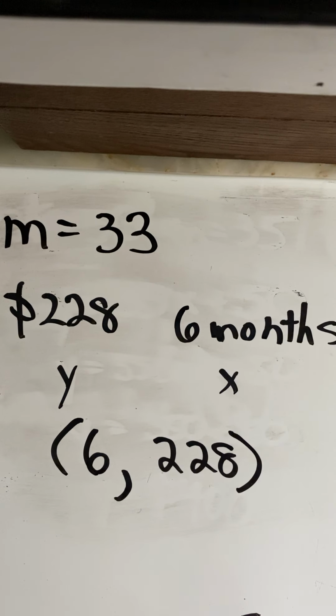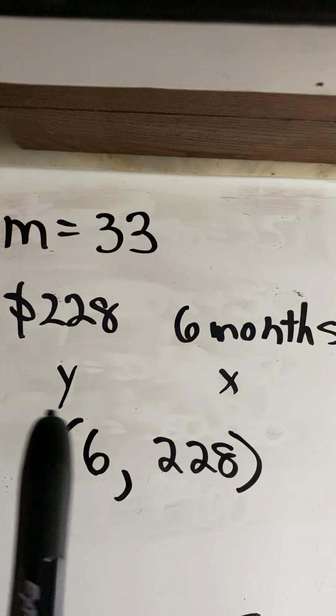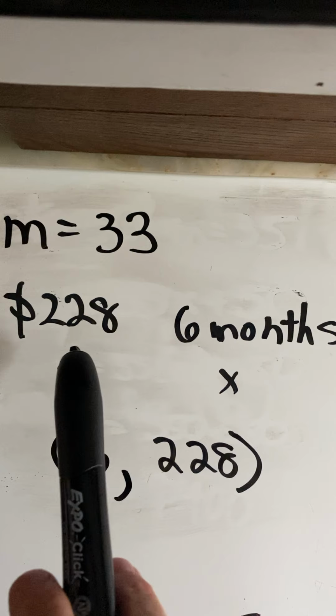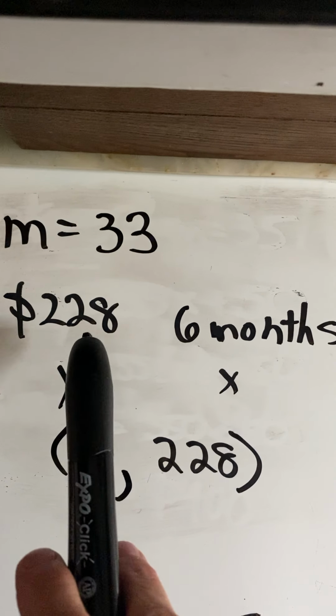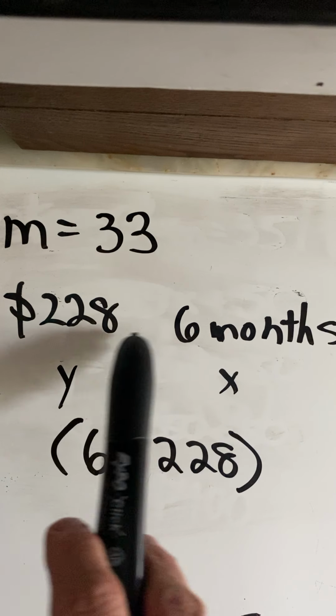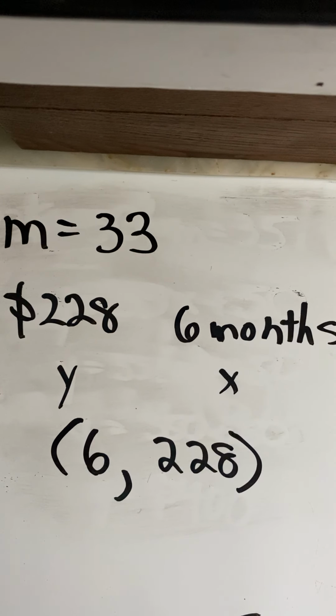Now, you have to be very careful. They'll give you a point, but they won't necessarily give you the point in the correct order. If I wrote (228, 6), I wouldn't get the right answer. So how do we know x is the number of months and y is the total cost? Because we have learned x is usually time and y is usually total cost.